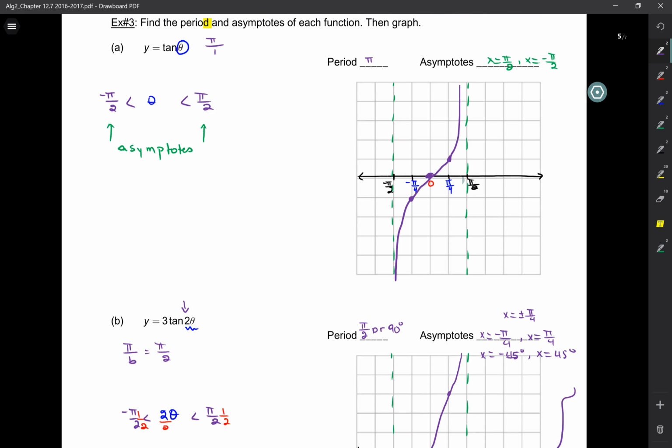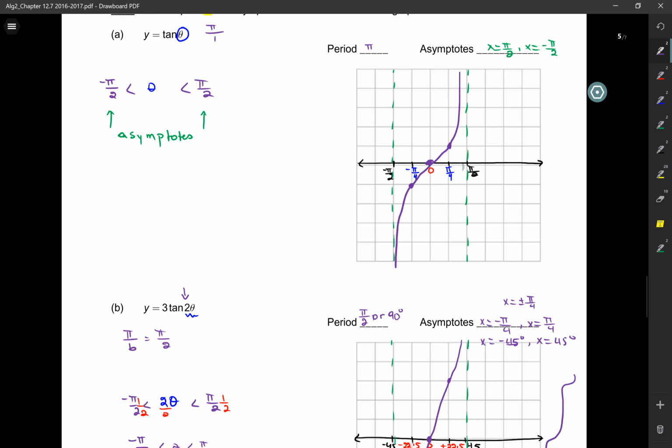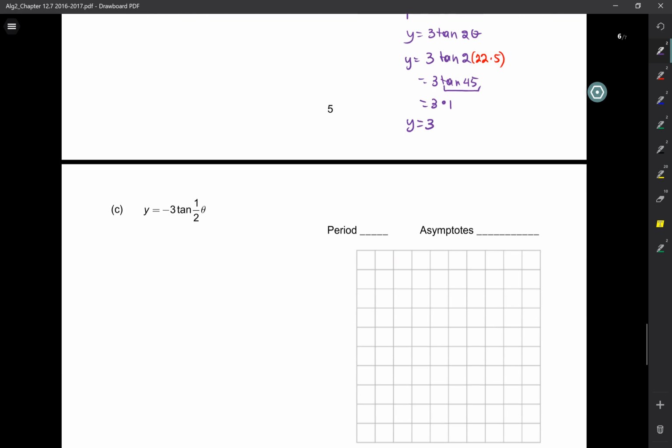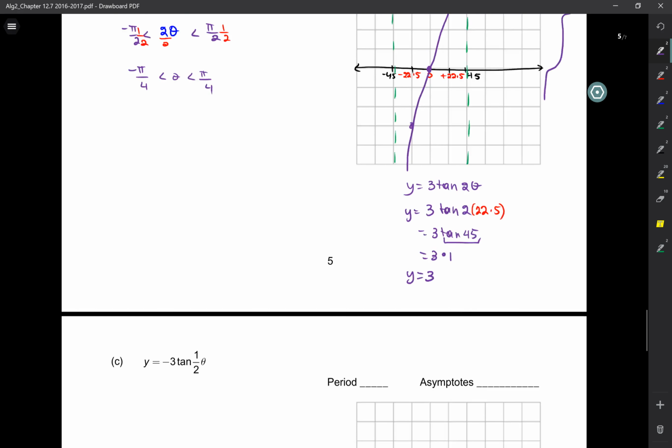What that vertical dilation does is it takes this graph of the regular tangent, and imagine if you were to tie a string to both ends of this and just pull it up, right? What would you do? You would just straighten out that tangent. You wouldn't add any more curves to the top and the bottom. So just visualize it that way.